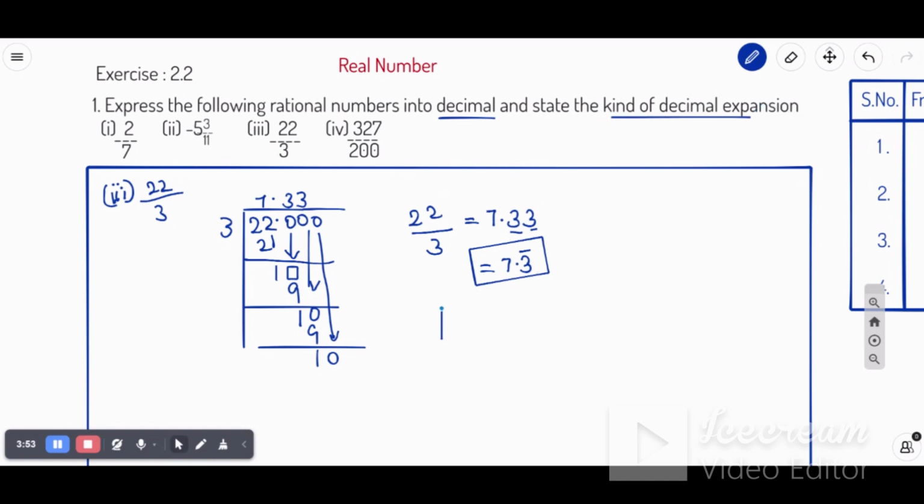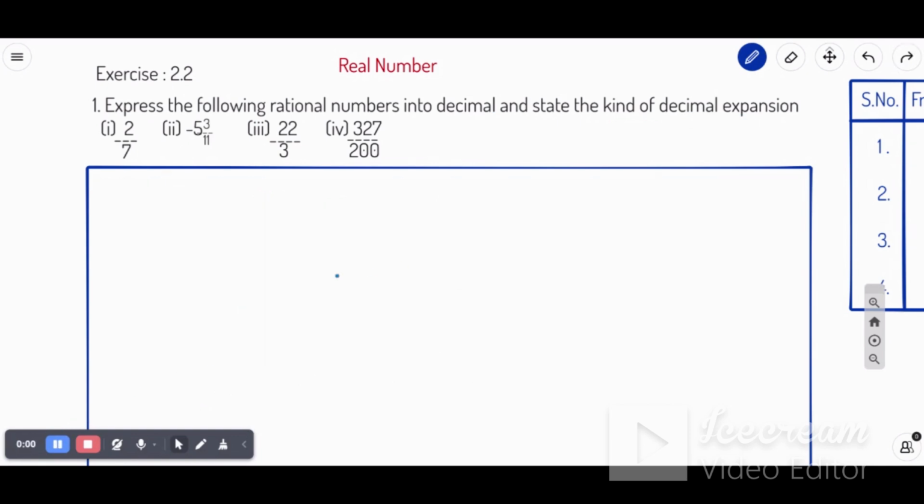Again the same, it is not terminating, and again it is recurring. Recurring means it is repeating. So the three questions we saw till now are non-terminating and repeating. So let's move on to the next question.